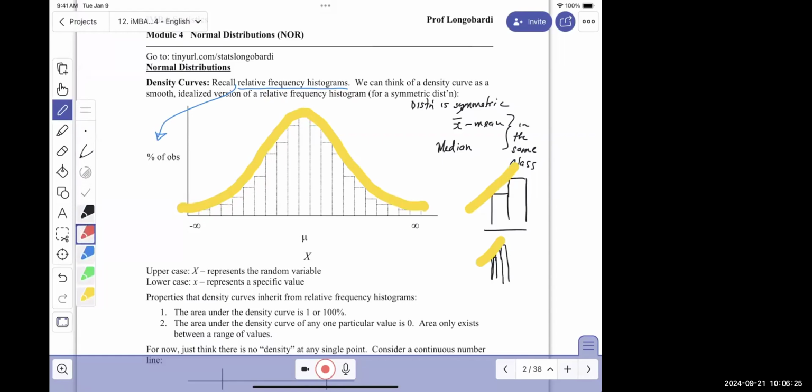As a result, for every relative frequency histogram, we interpret that under the density curve are 100% of the observations. All the observations.